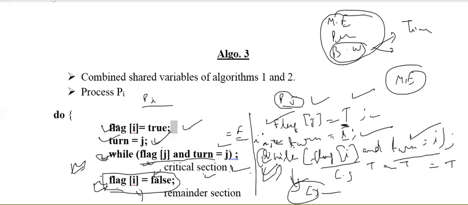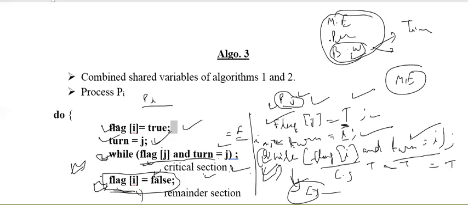So if the second process is interested, what is it doing? It is making its interest false, through which the second process will definitely get a chance if that process is interested. So that is one kind of solution for bounded waiting.